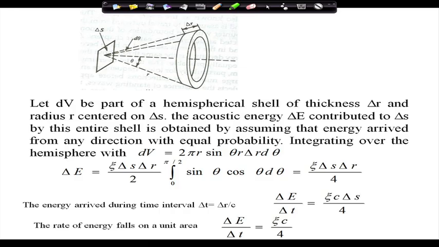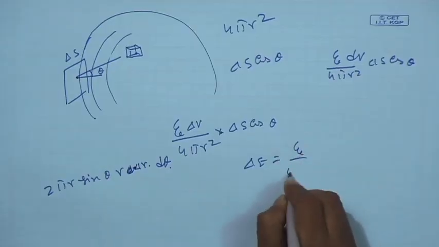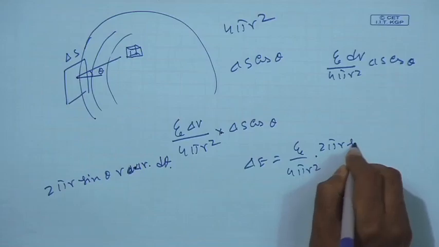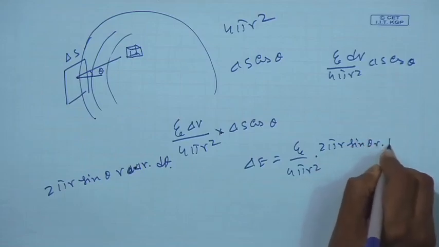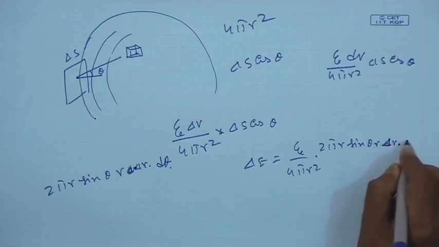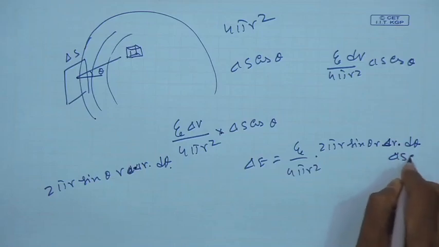Now, the entire hemisphere is striking, whose volume is this one, so the total energy is nothing but integrating from 0 to pi by 2 on this. So, del V will be replaced: sigma by 4 pi r square into del V, which is 2 pi r sin theta r dr, or del r, into d theta into del S cos theta.